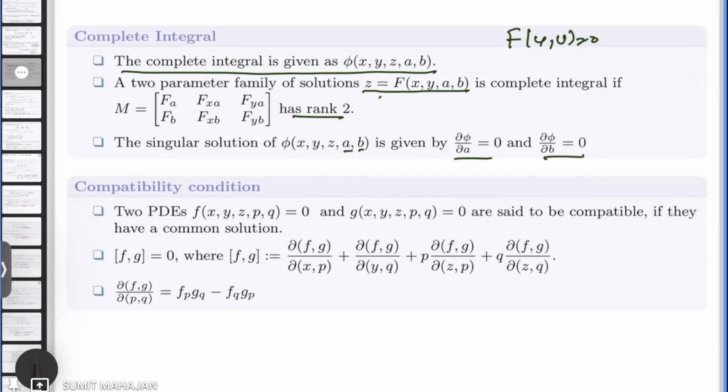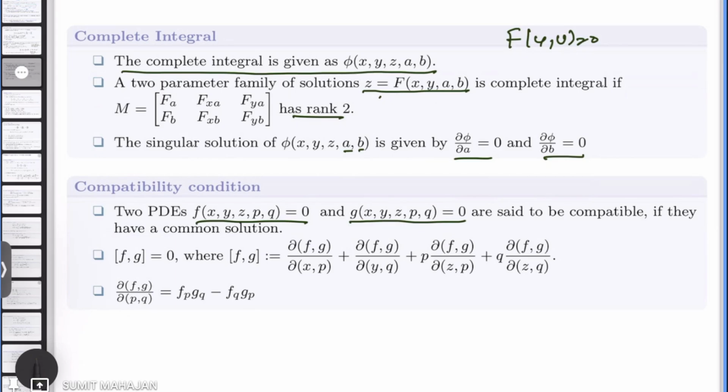Now coming to the non-linear differential equation side, first we'll discuss the compatibility condition. What is the compatibility condition? Let's say we have two PDEs, f and g. These are two different non-linear differential equations. They are said to be compatible if they have a common solution. If they have a common solution, we say that these two PDEs are compatible.